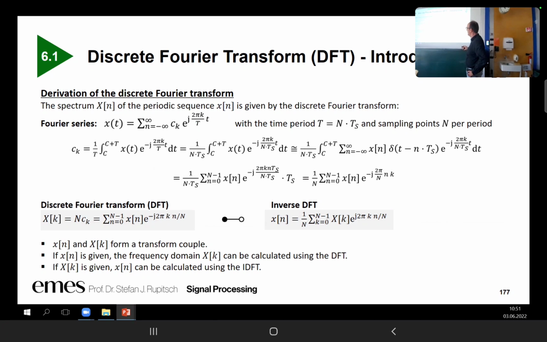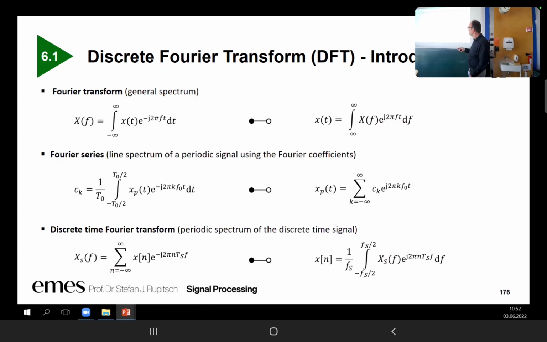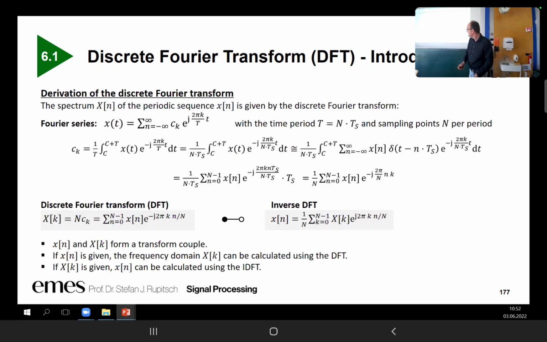We have here our Fourier series, and we introduce the time period uppercase T, which is N times Ts. Ts is the sampling time, and N is the number of sampling points. Then we can calculate the Fourier coefficients Ck of our Fourier series in this manner.